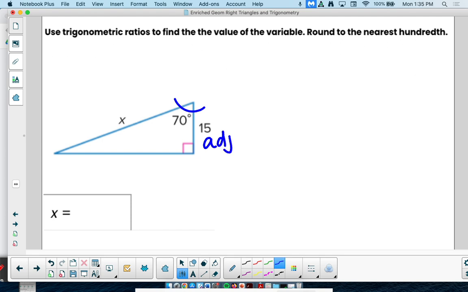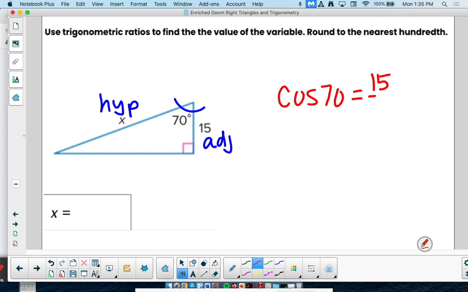What's our hypotenuse? x is our hypotenuse. What trig function uses adjacent and hypotenuse? Cosine. So cosine of your angle equals 15 over x, adjacent over hypotenuse.